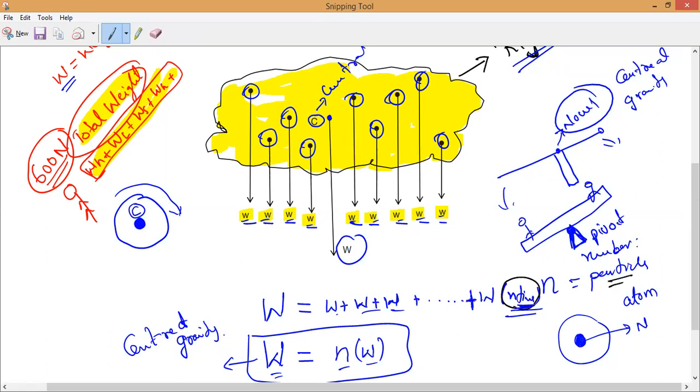Number of particles. Understand? Write it.